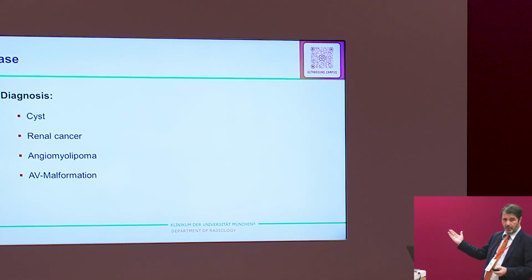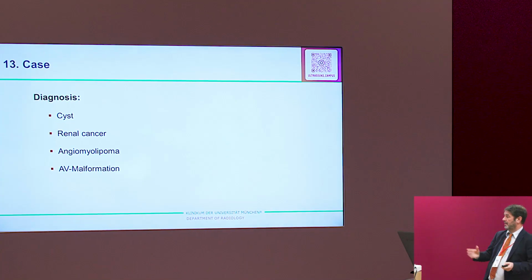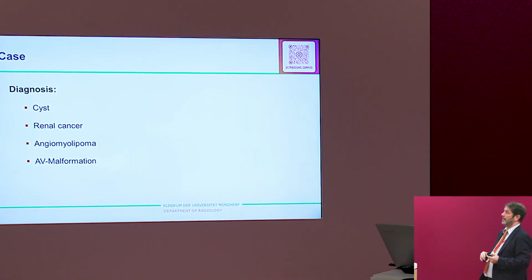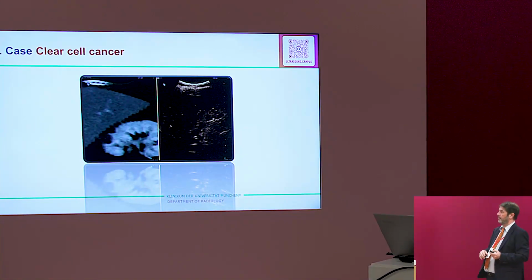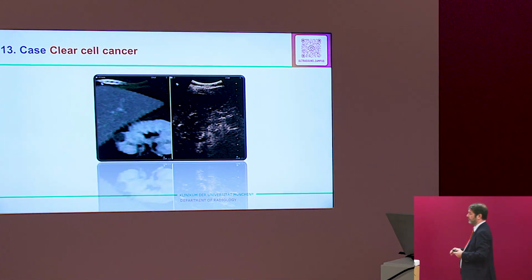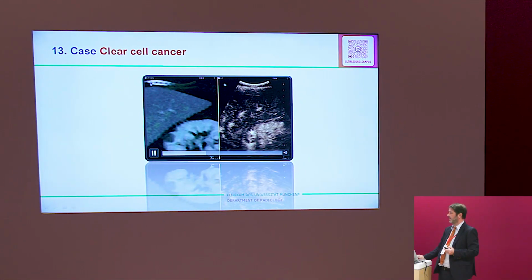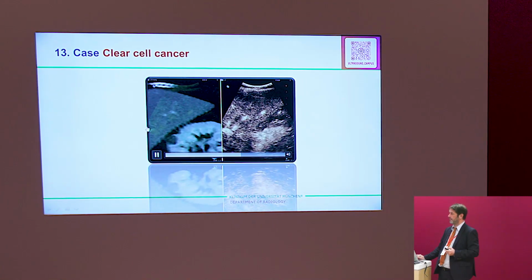Renal cell cancer will fit. Angiomyolipoma will be bright. AV fistula has got different behavior. So, the only correct answer could be renal cell cancer. And again, you see it. There is the uptake. There's the lesion seen in CT.